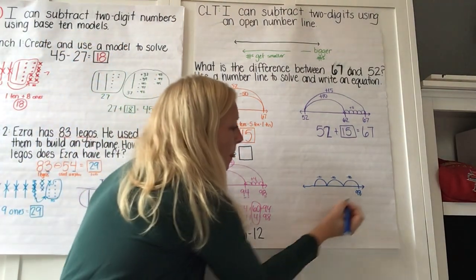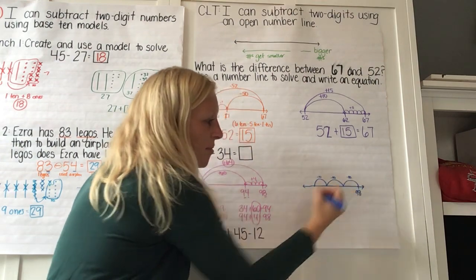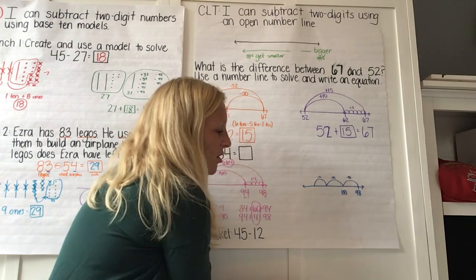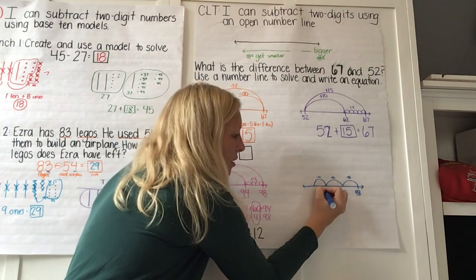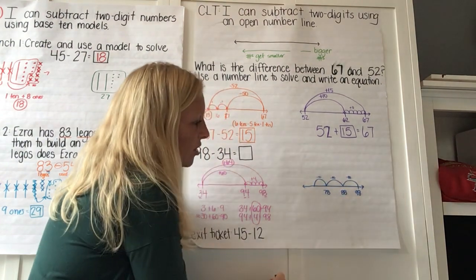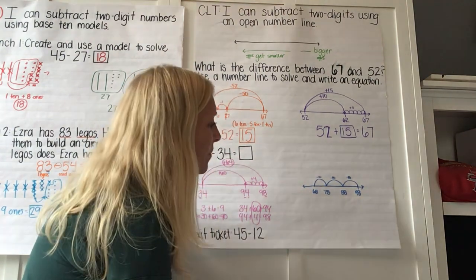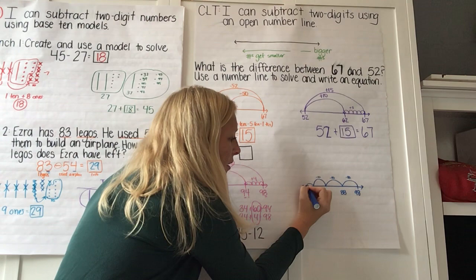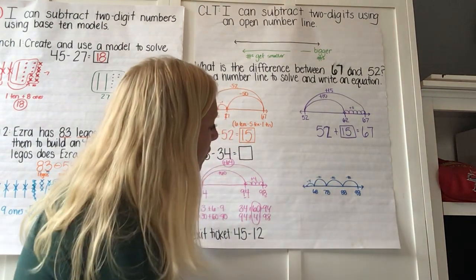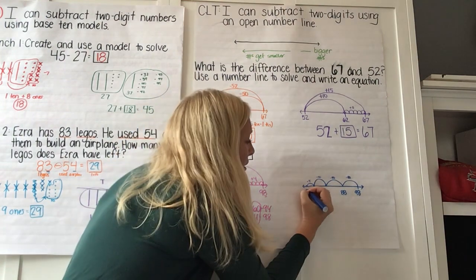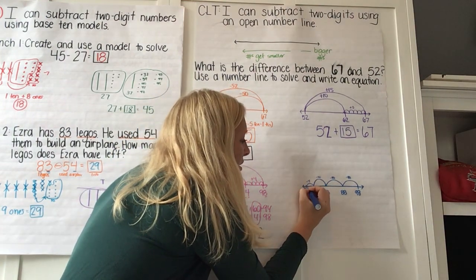All right, and so when you jump 10 from 98, what did you land on? 88, and then you took away 10 more. 78, and then you took away 10 more. 68, and then what did you do? And you took away a jump of 4, or 4 little ones, right? And what did you land on? 64.